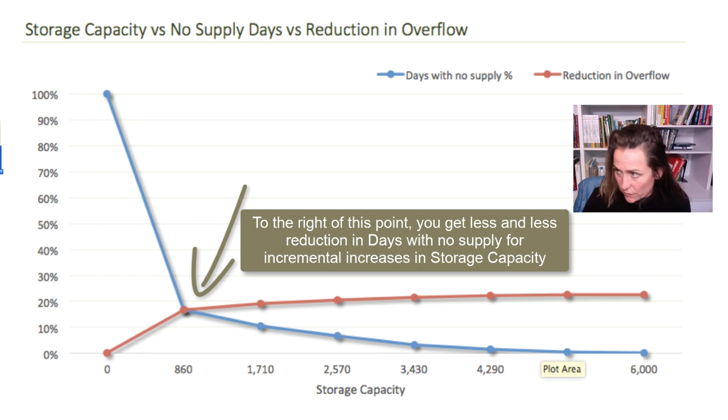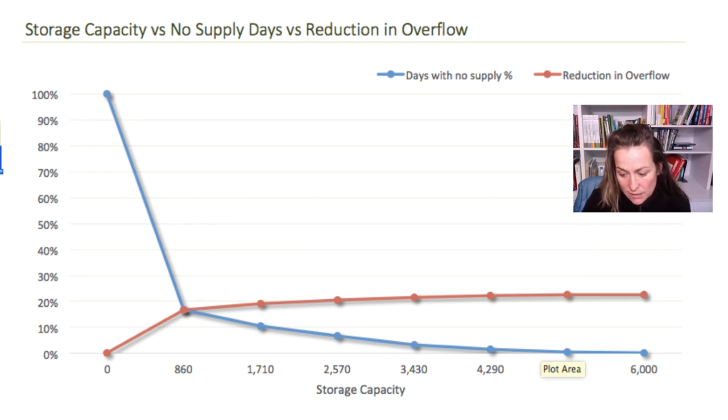If this particular family had municipal backup and they were just looking to cost optimize and minimize the cost of their tank while maximizing their rainwater use, somewhere around 1,000 gallons would probably be a great choice for them.